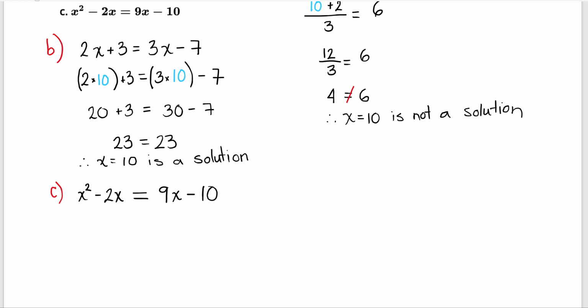Wonderful. And now I'm going to sub in x equals 10: 10 squared, take away 2 times 10, equals 9 times 10, take away 10.